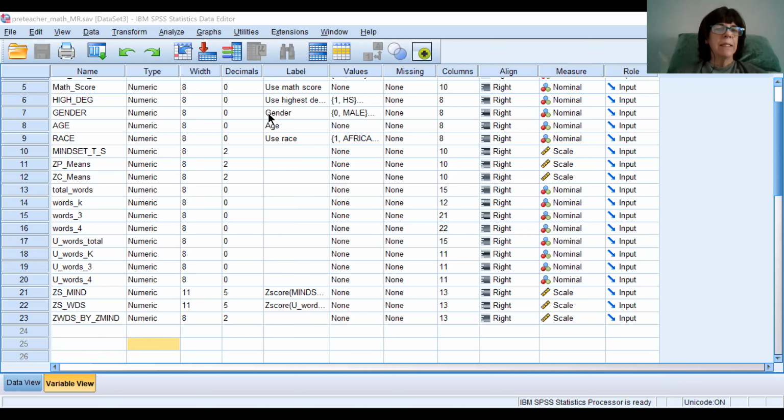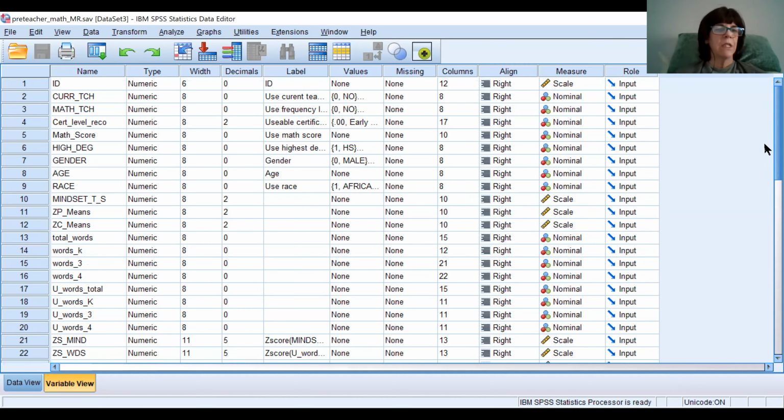If you look at the data set, we have 88 cases of pre-service teacher candidate work. We know whether or not they're teaching, whether they're getting certification in early childhood or childhood education.